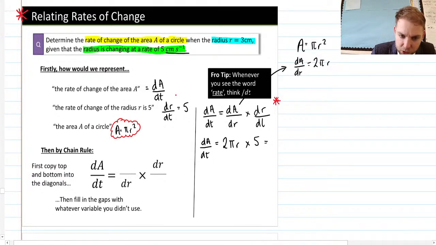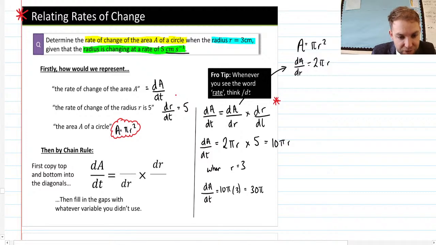So this is equal to 10 pi r. Now it's asking for this when the radius is equal to 3. So when r is equal to 3, then dA by dt is equal to 10 pi times by 3, which is equal to 30 pi.